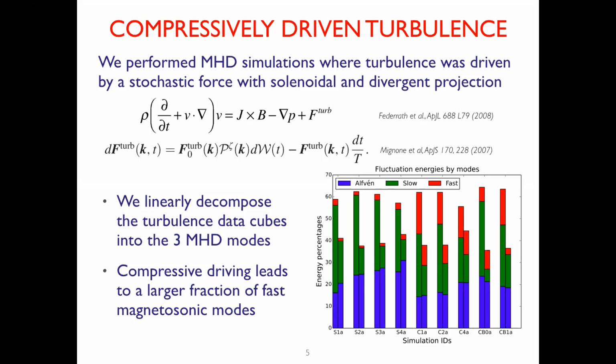And you can clearly see that when you drive simulations compressively, you get a large fraction of fast modes. This was not observed before, and fast modes were always thought to be very negligible. But apparently, if you drive them compressively, then the fast modes form a large part of your turbulence. That is the first important point.